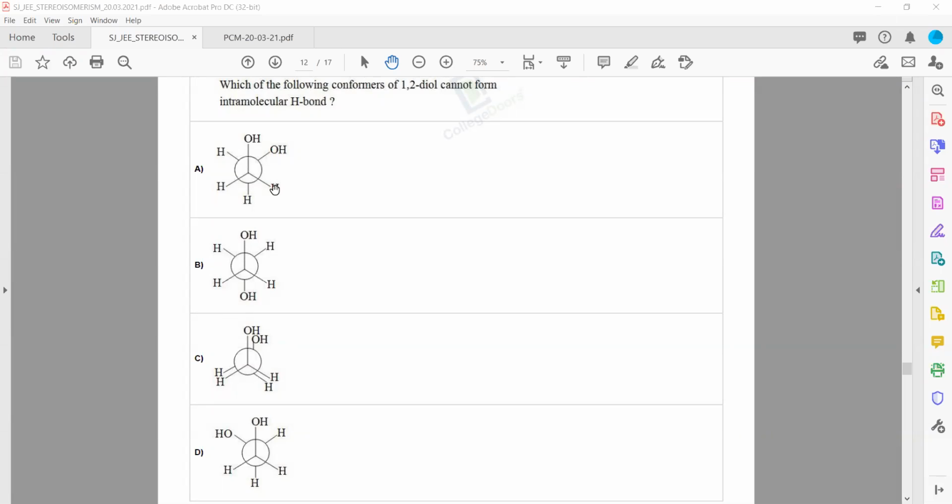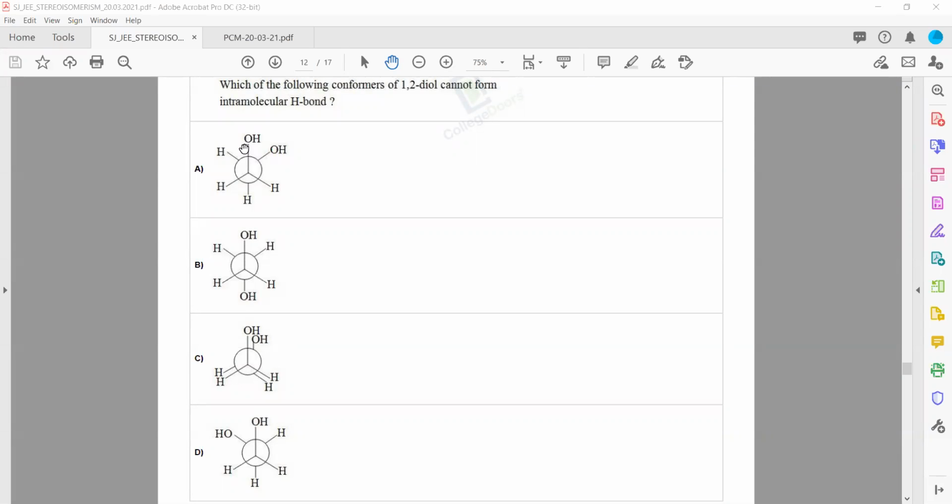Even when the OH groups are at an angle of 120 degrees, will H bond formation be possible? No. At 120 it will not happen, at 180 it will not happen, at 60 it can happen and at 0 also it can happen, but it is not that effective to stabilize the molecule. We are only looking at whether it will happen or not in the question.